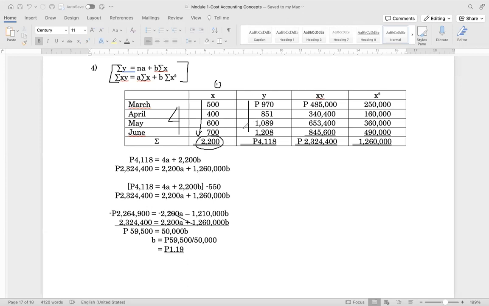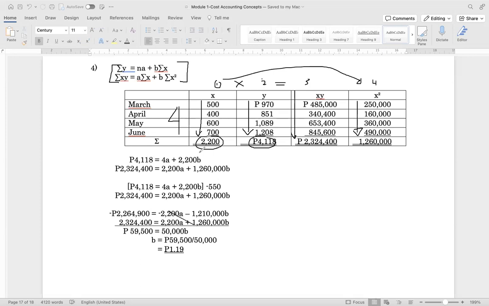Then for Y, the summation of Y is 4,118. Then step 3, multiply to get XY, and step 4, square X. Then sum up and use the formulas.